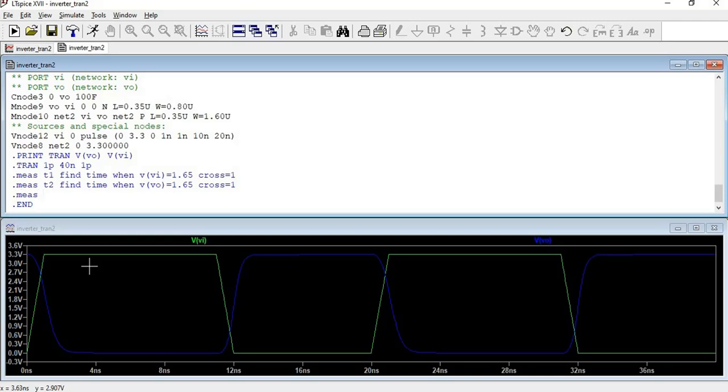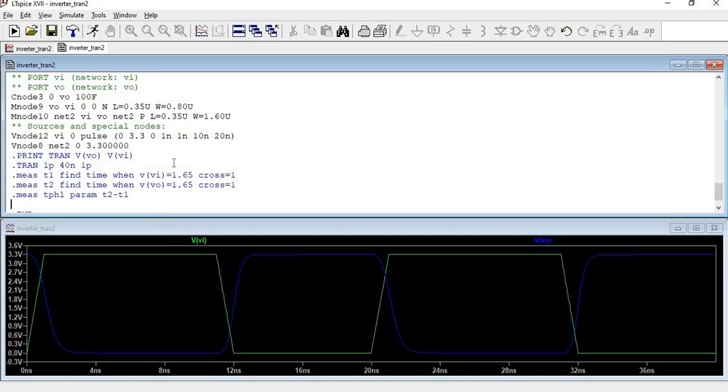So .measure TPHL, the difference between the two times. The higher value would be from the output, so that would be T2 minus T1.